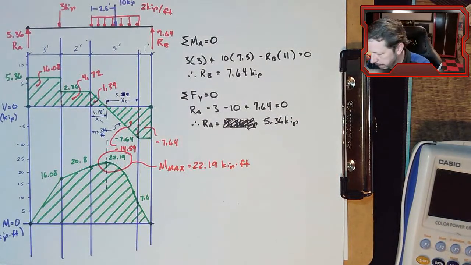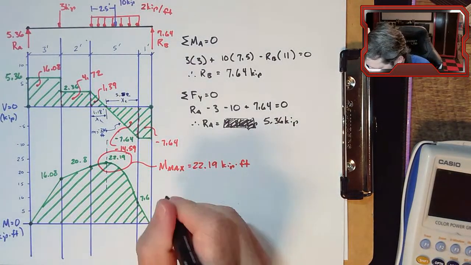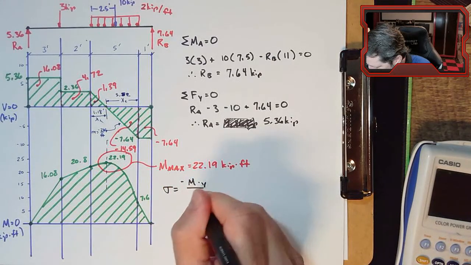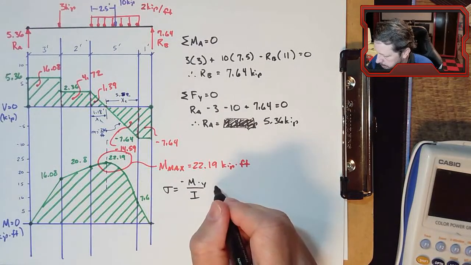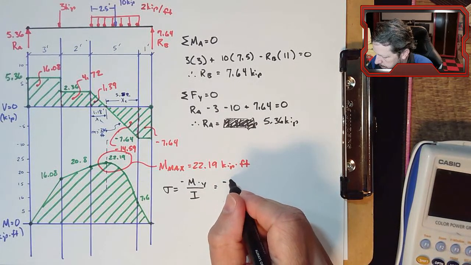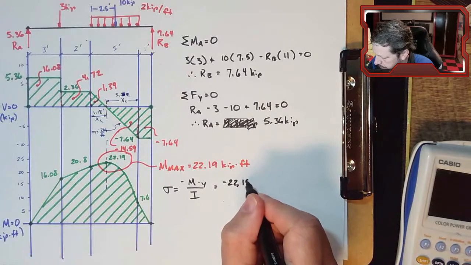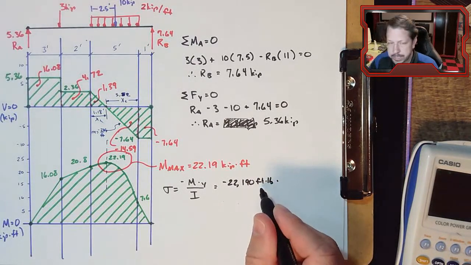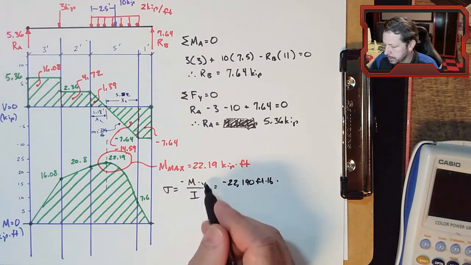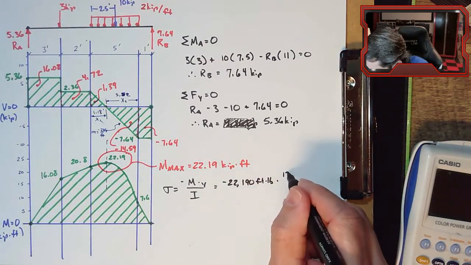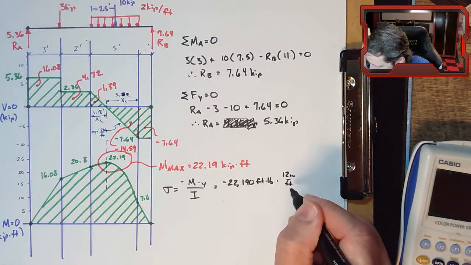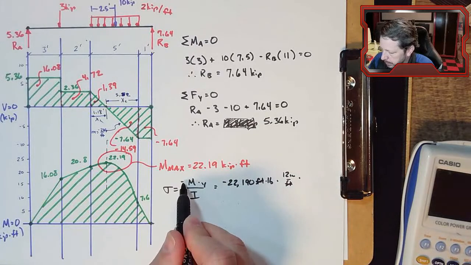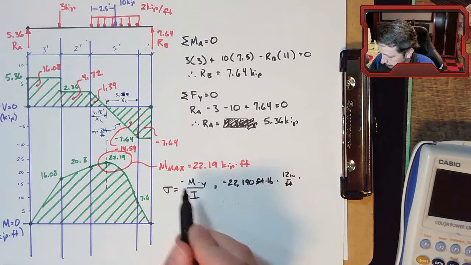So now we have sigma equals negative M times y over I. M is negative 22,190 foot-pounds. Those feet are going to mess up with the inches in the y and I, so I'm going to convert 12 inches per foot. So now it's in inch-pounds. There is a negative in front of it because of the negative sign in the equation.